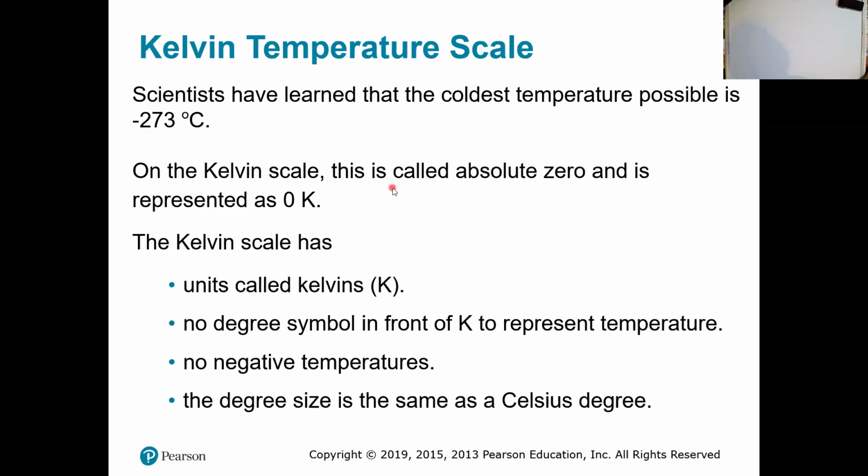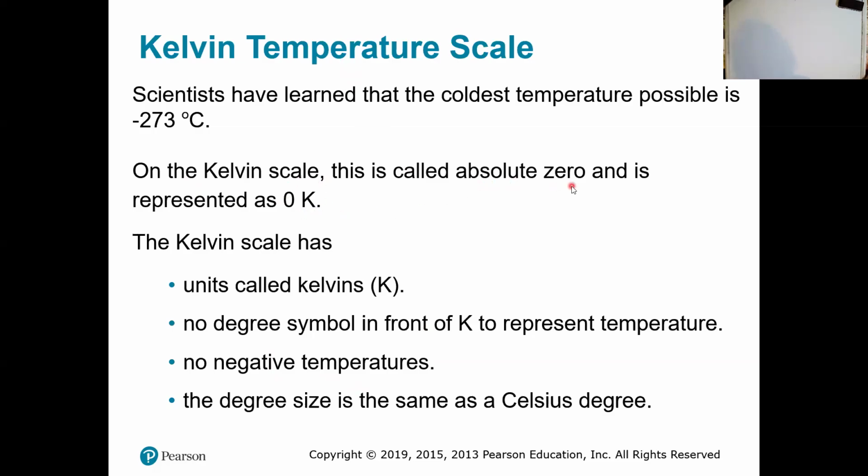It's a very useful way to look at temperature because, very importantly, on the Kelvin scale, there are no negative temperatures, okay? The lowest temperature that exists is represented as 0 on the Kelvin scale. This temperature is also called absolute 0.